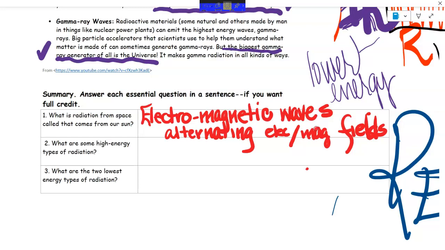So what are some high energy types of radiation? What would be the highest energy type of electromagnetic radiation, Lizzie? Gamma rays, yes. And what would be the two lowest energy types, Julian?